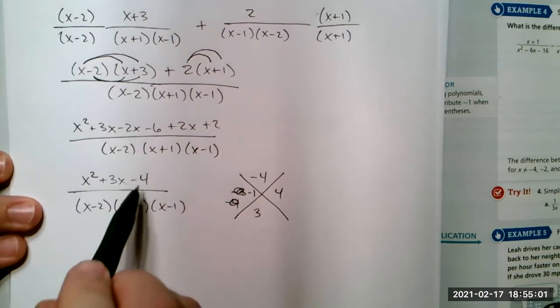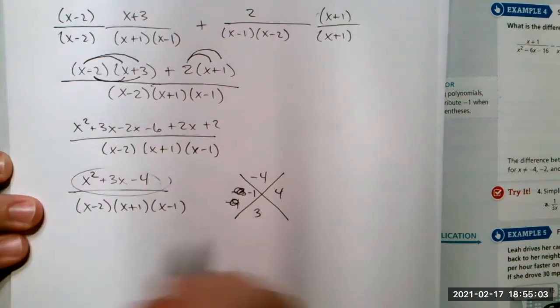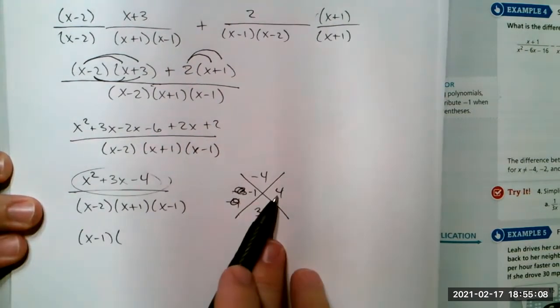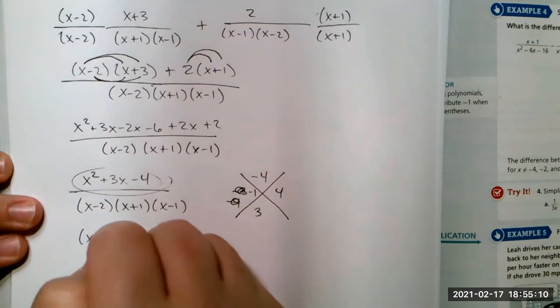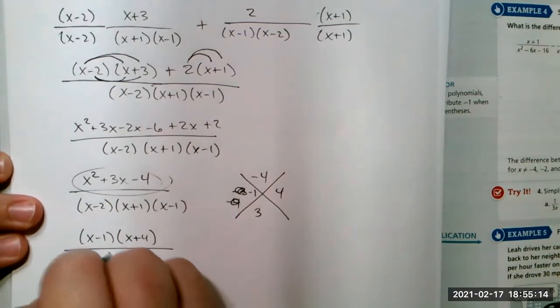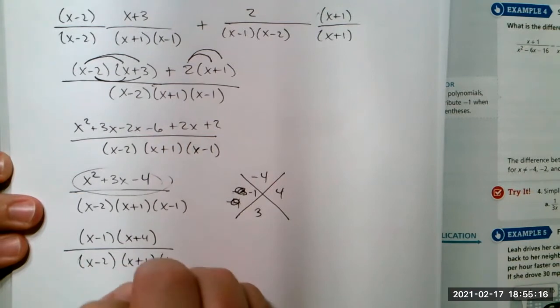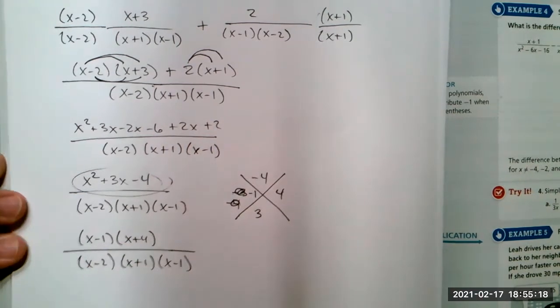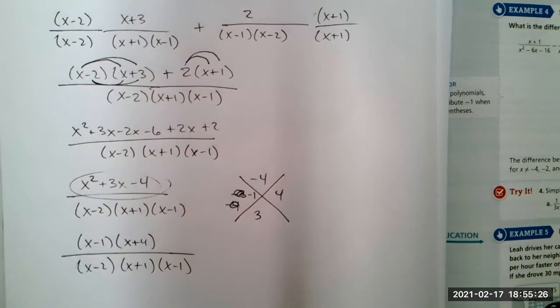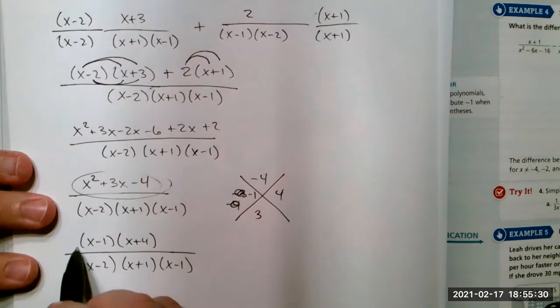So what I did was factor out that numerator. It's a negative 1, so it's going to be x minus 1. It's a positive 4, so it's going to be x plus 4. And then my denominator. Now we're at the point, just like we were with lesson 4.3, where you can simplify, where you can cancel out common factors in the top and the bottom. So in the numerator, I've got an x minus 1.